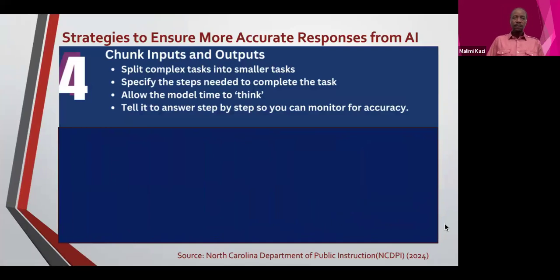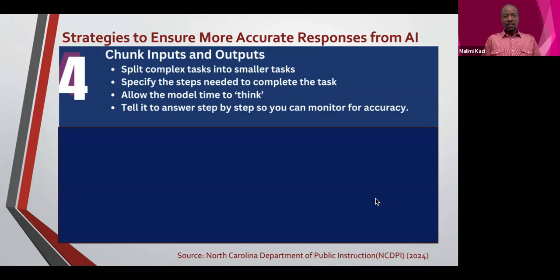Strategy 4, chunk inputs and outputs. So you need to split complex tasks into small tasks, which can be executed very easily with the AI tool. And also specify the steps needed to complete the tasks. Moreover, you need to allow the model time to think.